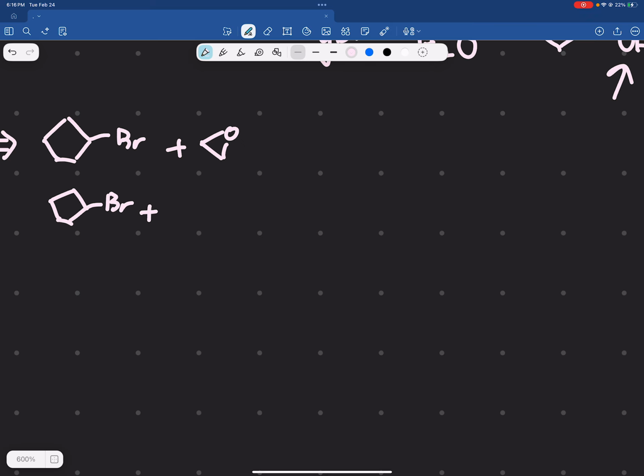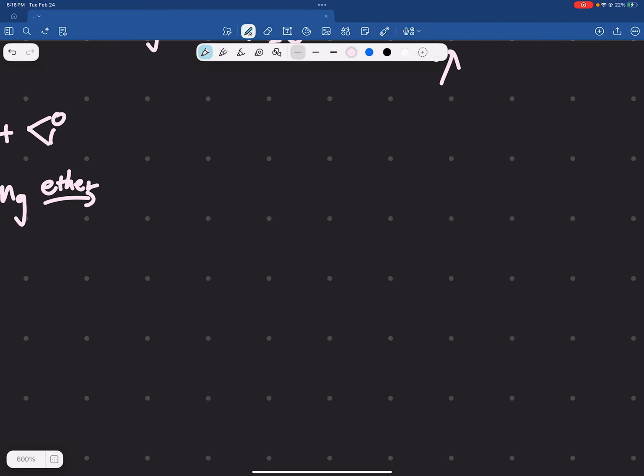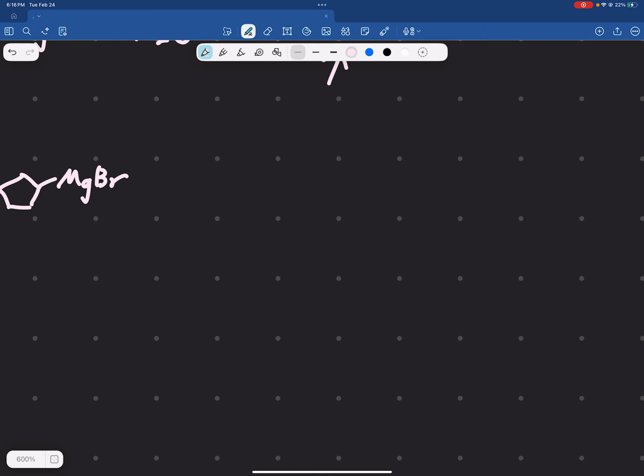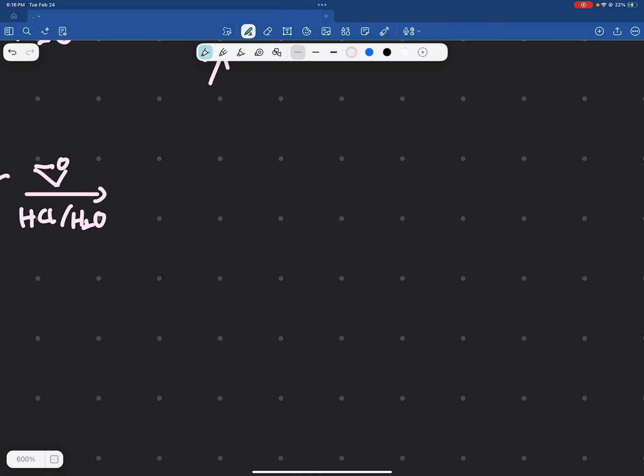The bromide is going to react with Mg in ether, and it's going to form our Grignard reagent. And we're going to react this with the oxirane. I'm probably saying that wrong, but I'm not great with names. And this is going to form our desired compound as a major product.